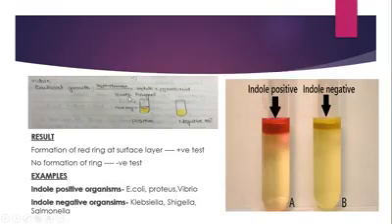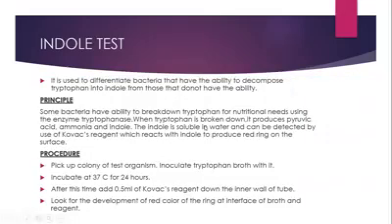Now further, when we add Kovac's reagent, this indole reacts with the reagent and forms a red ring at the surface, between the broth and the reagent that we have added. This indicates that the result is positive. And if there is no ring formation, the result will be negative. So this is the principle.